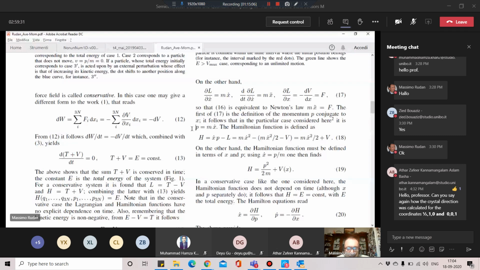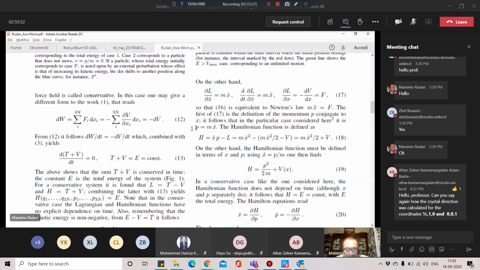If you consider a non-conservative situation, like when the particle is subjected to the action of the electromagnetic field, the momentum is not equal to the mass times the velocity. It is different from that, okay?